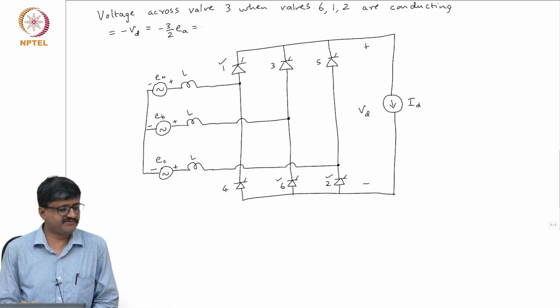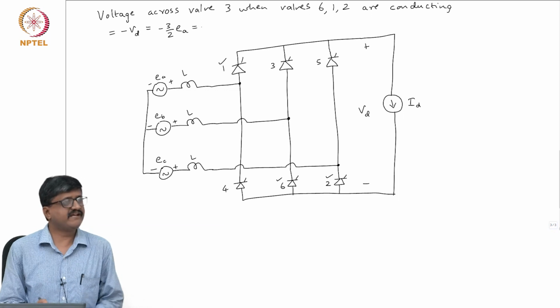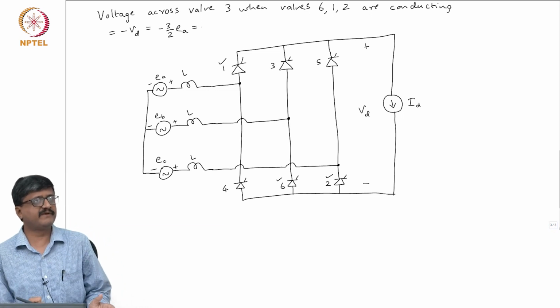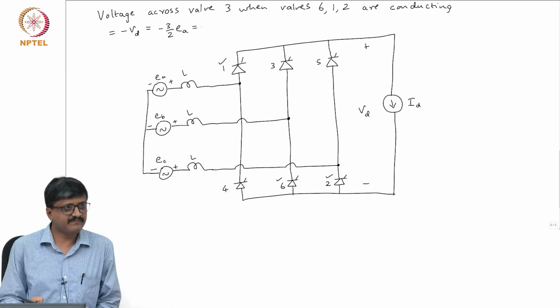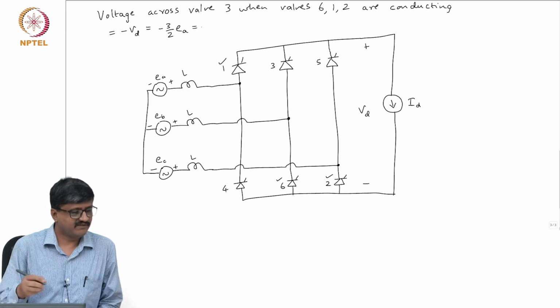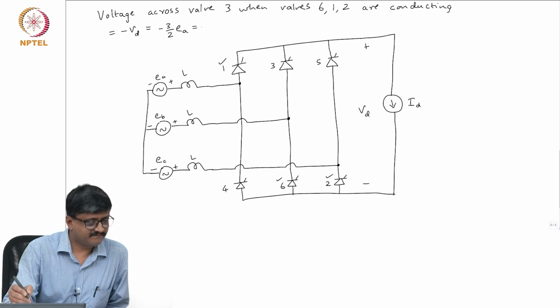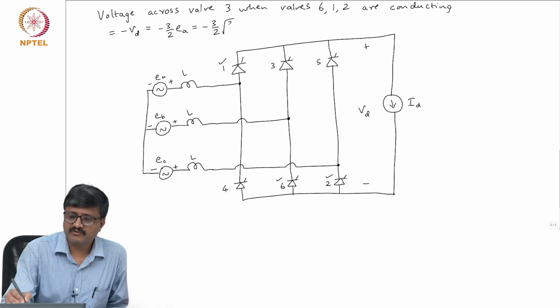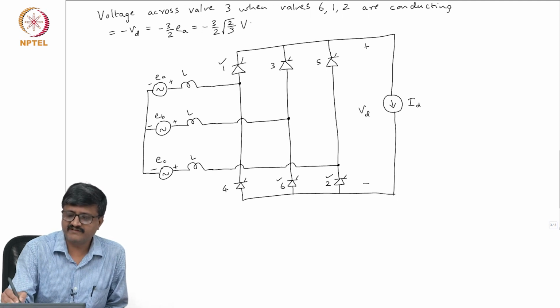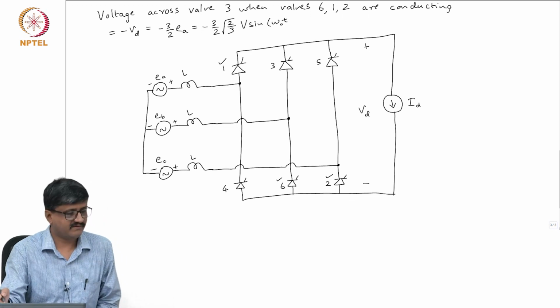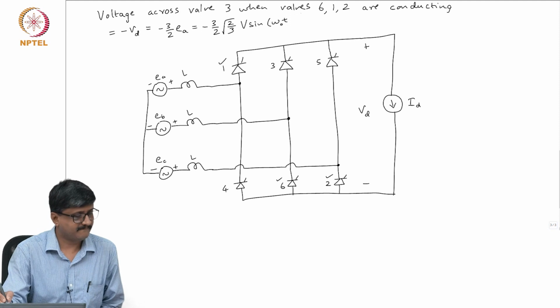Okay. Now, substitute the expression for EA. What is EA? EA is root 2 by 3 V sin omega OT plus 150. So, it is minus 3 by 2 root 2 by 3 V sin omega OT plus 150 degrees.